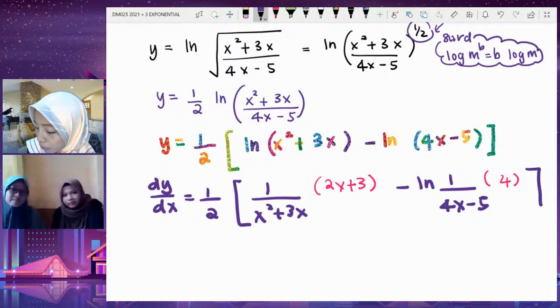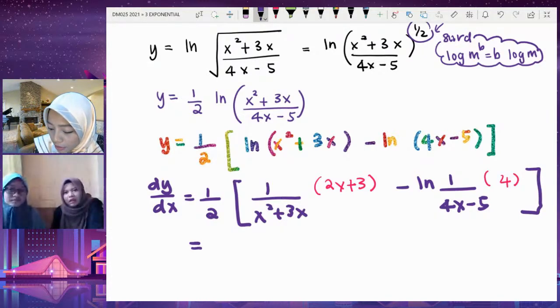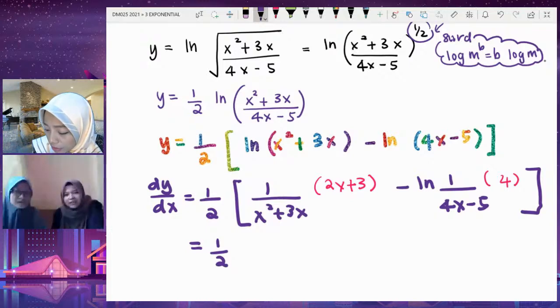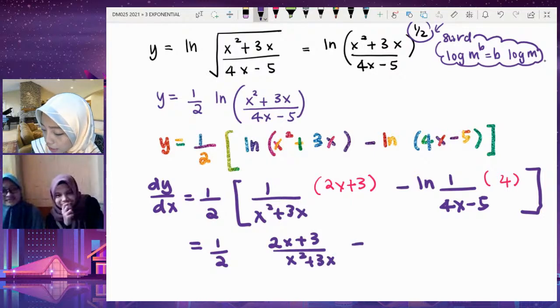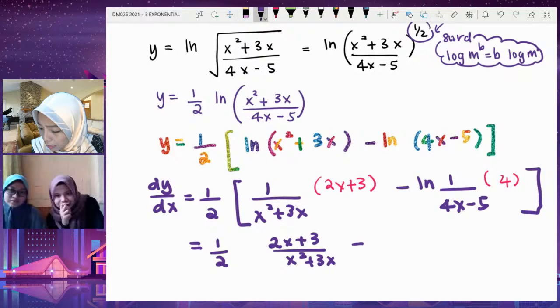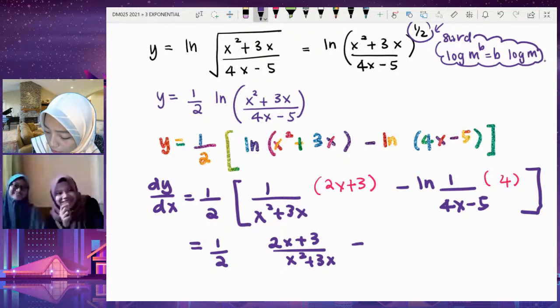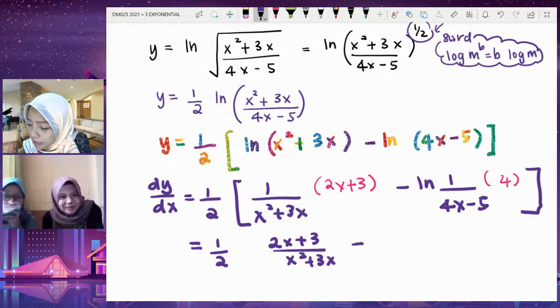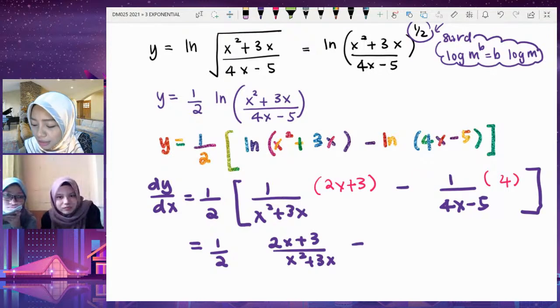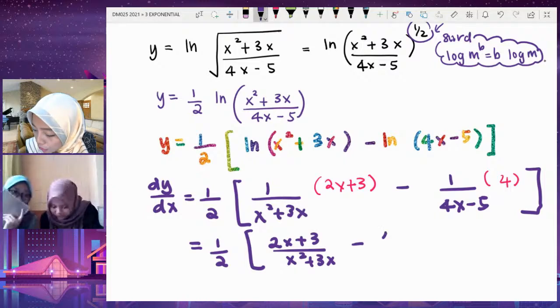Okay, very good. So now, combine everything over x square plus 3x minus... there's still ln here. Madam left the ln. There should be no ln anymore because differentiation has no ln. Okay, so 4 over 4x minus 5.